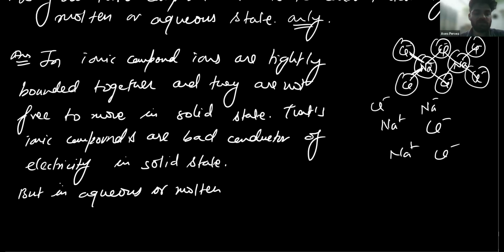But in aqueous or in molten state, ions are dissociated. What would happen then?